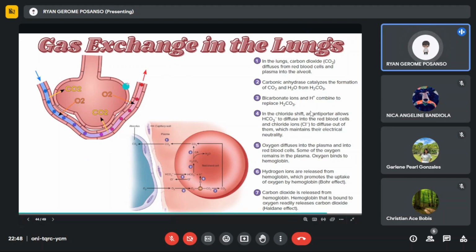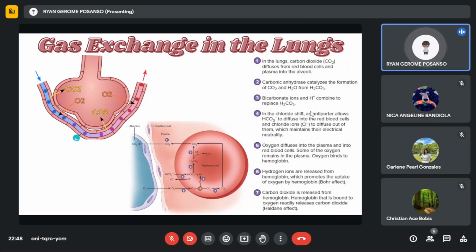Here is a miniature example of alveoli. The alveoli have extremely thin walls, surrounded by tiny blood vessels called capillaries, and the walls of the alveoli and capillaries are only one cell thick, allowing for easy diffusion of gases.